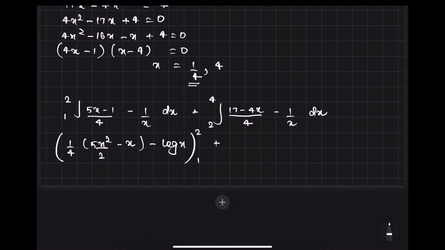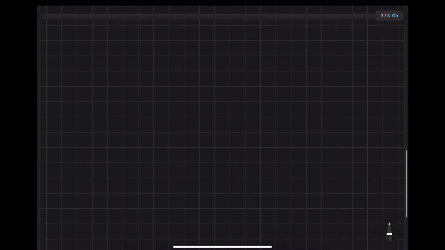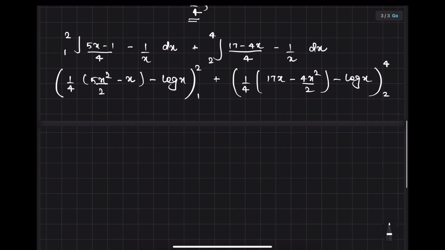Same game over here: 1 by 4, we have 17x minus 4x square by 2, minus log x, from 2 to 4. Now substitute the values to find the required result. This much calculation is required. The main part is to draw the diagram, that's it.